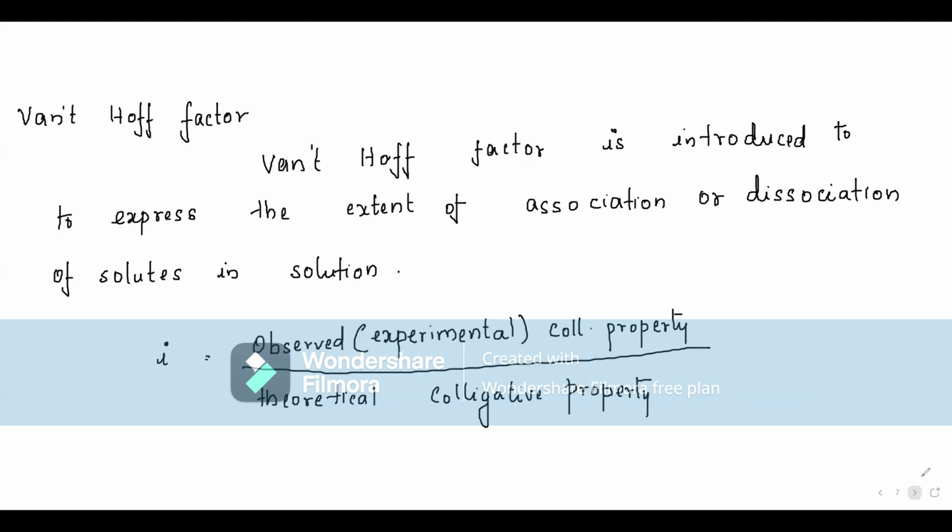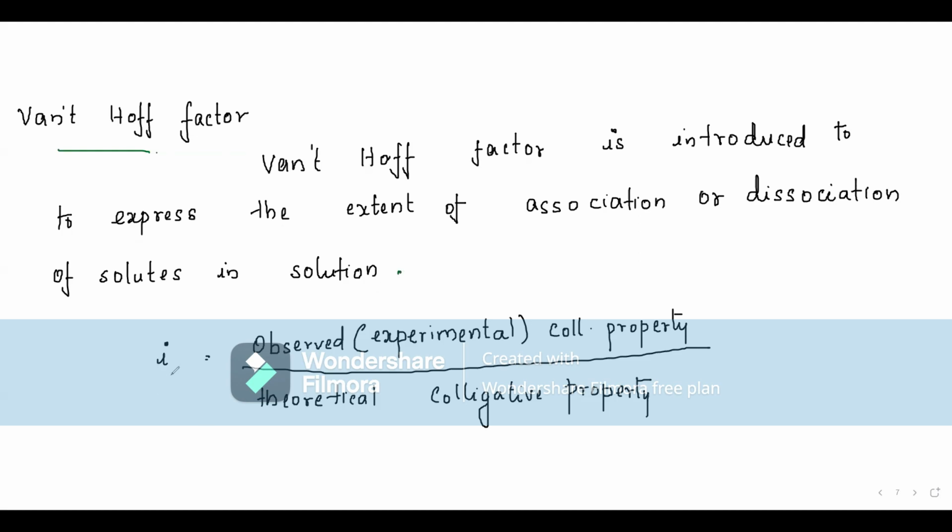Now, to explain or to compensate for this abnormality, a factor called Van Hoff factor is introduced. Van Hoff factor is introduced to express the extent of association or dissociation of solutes in solution.